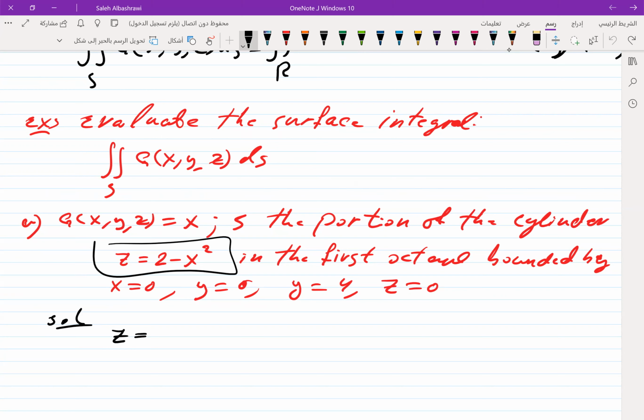z is equal to f of x and y, given by 2 minus x squared. So z sub x equals minus 2x, and z sub y equals 0.